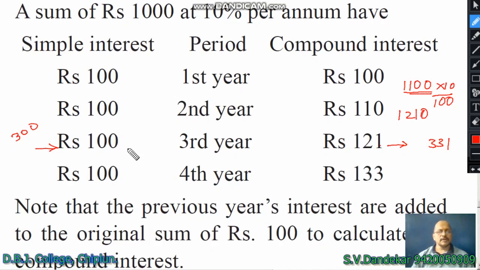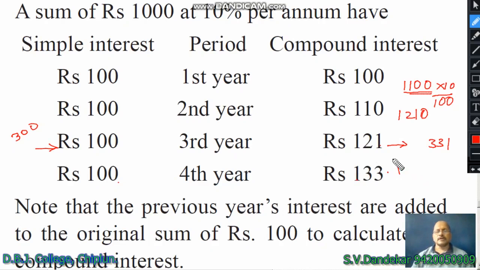Similarly, for the fourth year, the simple interest is 100 and the compound interest is the interest added on this. It is 133 point something.